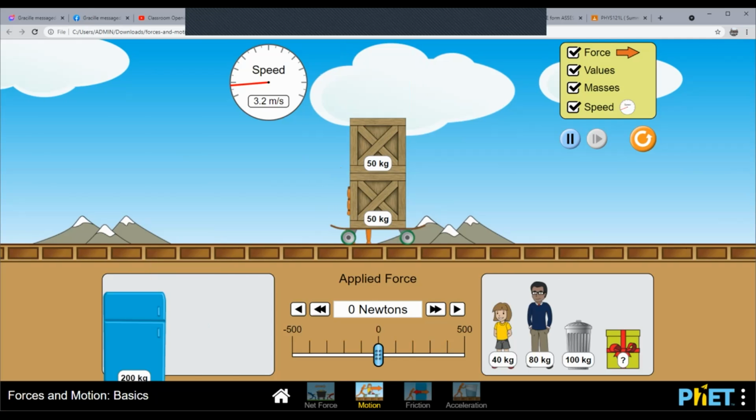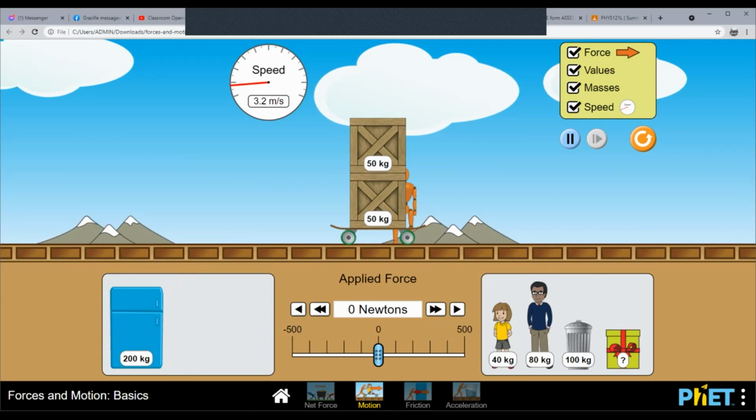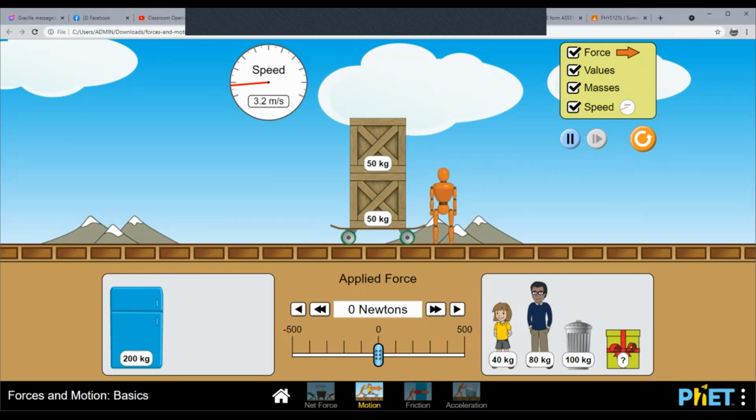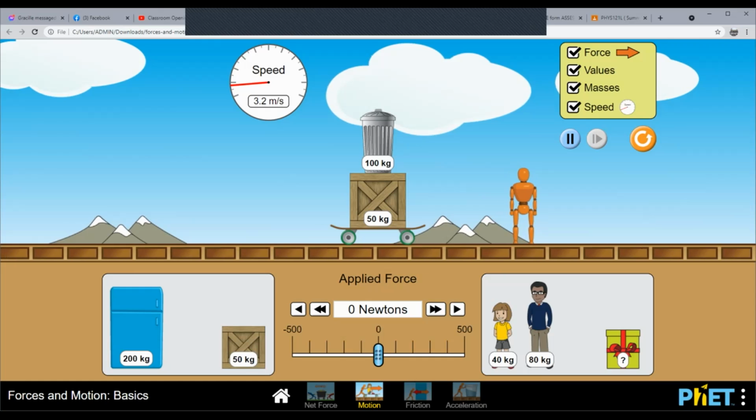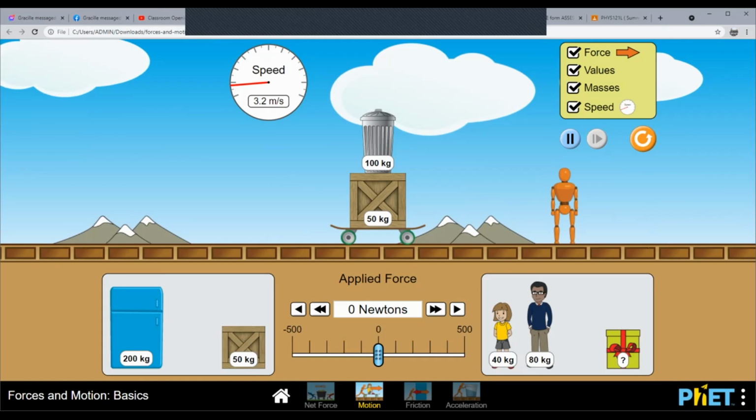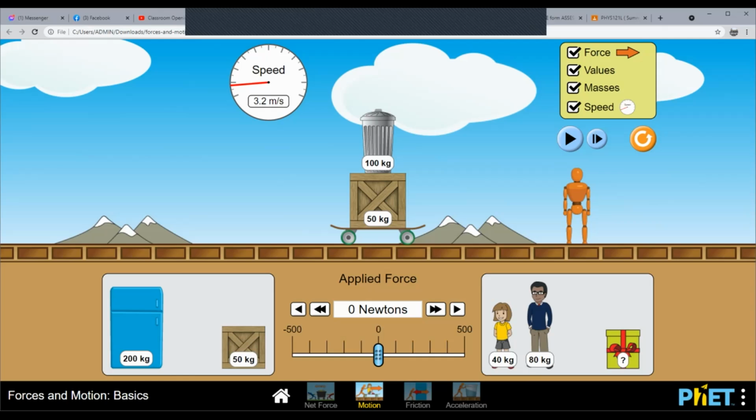So pag binawasan ulit natin yan, okay, and then we add this one, the 100 kilogram, the speed becomes 3.2 meters. Na mabawasan natin, di ba? So you would notice the speed decreased. Okay.